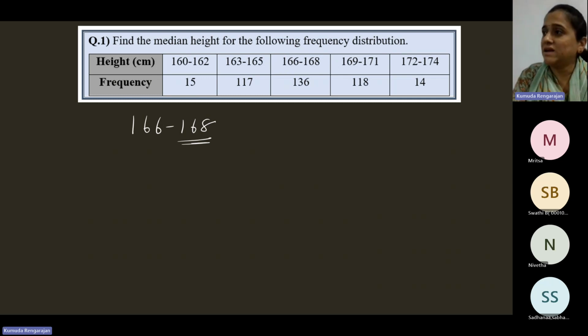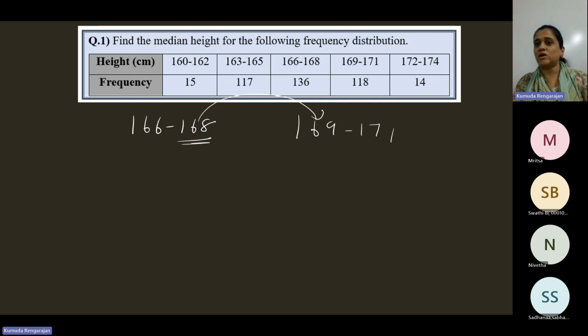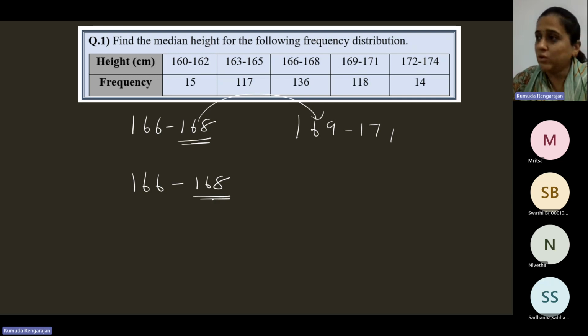It's included in the same class interval because the next one is 169 to 171. How can you put 168 there? It starts only from 169. So in the class interval 166 to 168, the upper limit 168 is included in the same class interval.